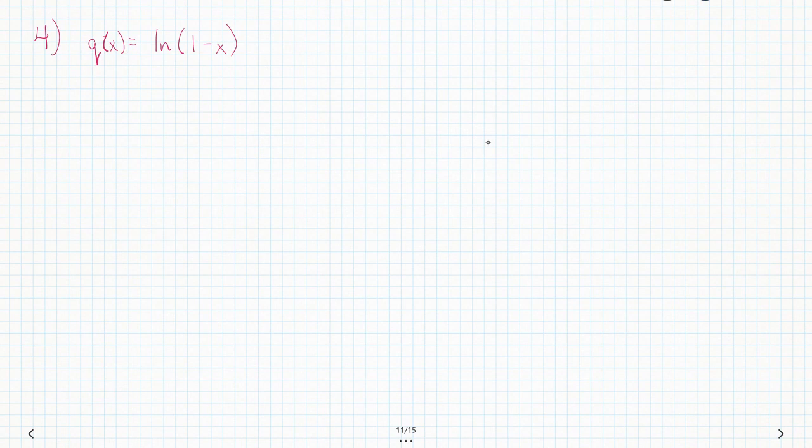Okay, so what's the big deal here? Well, with the 1 minus x, finding a nice sort of power series representation of this thing as is might be kind of hard. But there's one extra caveat that we can work with. This q prime of x, what does that equal?